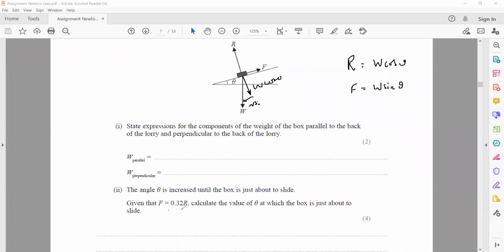They mention F equals 0.32 R. So in place of F, I can write 0.32 R equals W sin theta.